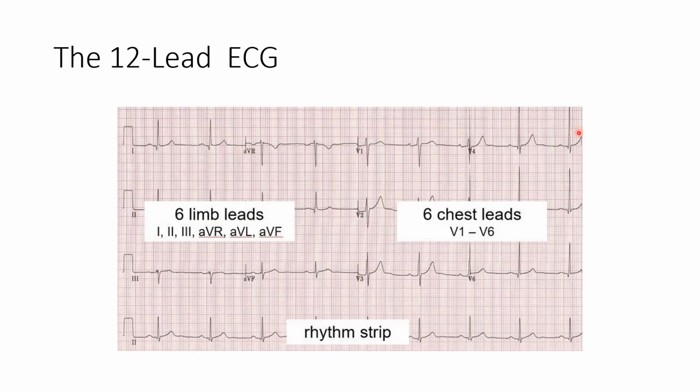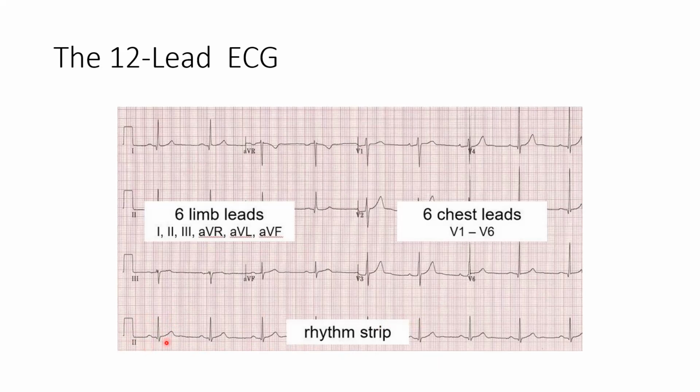Okay? And at the bottom of the paper, right over here, is located the rhythm strip. Some hospitals or institutions will have 2 views that will give you a rhythm strip. In this particular example, we only have lead 2 as a sample for you to interpret the rhythm of the patient.